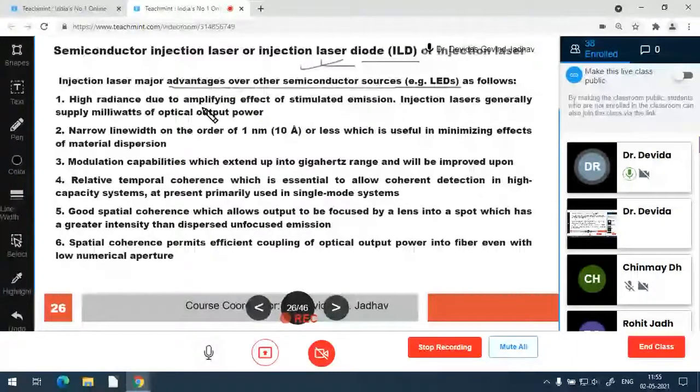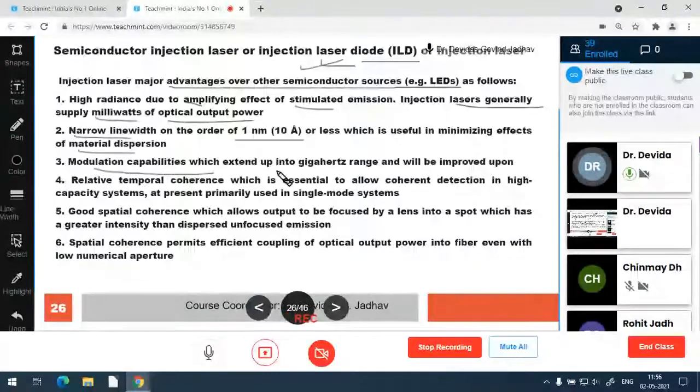The laser has high radiance due to the amplifying effect and stimulated emission. An injection laser generally supplies milliwatts of optical power. It has a very narrow line width, of the order of 1 nanometer or 10 angstrom. And if the line width is less, dispersion will be less. The effect of material dispersion is less.